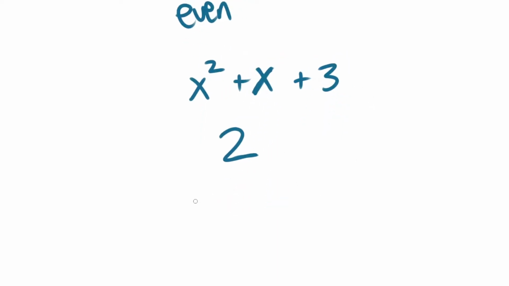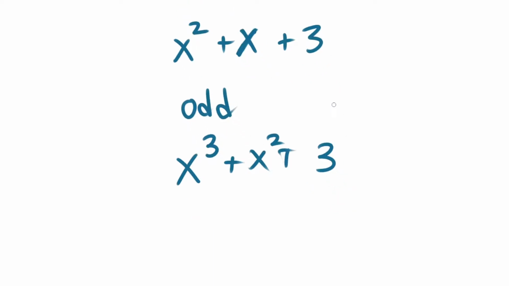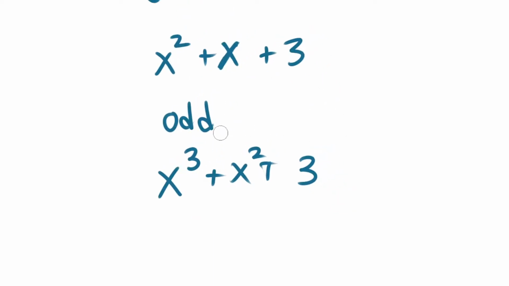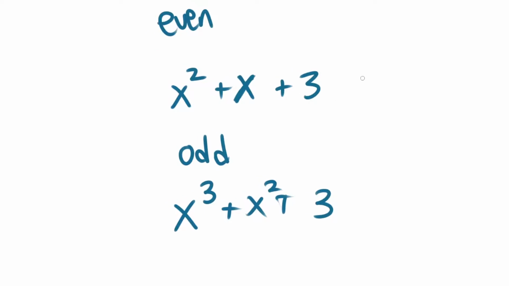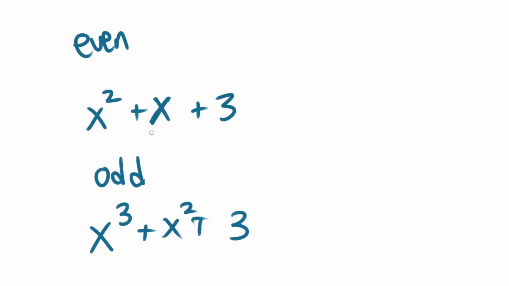Now, if it was an odd function, it'd be like x cubed plus x squared plus 3 or something like that. This would be an odd function because it is an odd number for the degree. Now, the end behavior, when we're talking about negative or positive: if our leading coefficient is a positive number, and in this case it is, then for the even function, it'll be up and up.